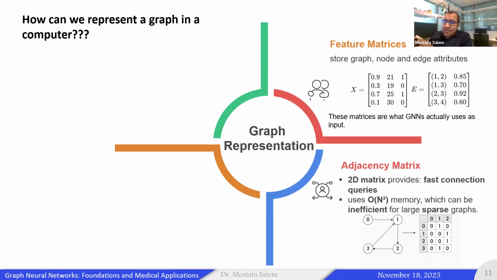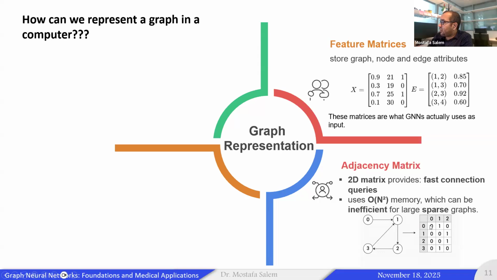Okay. This is about the data, the representation. I want also to encode and to store the connection between nodes. How to store the connection? I will use what's called adjacency matrix. So adjacency matrix is a 2D matrix that will tell you which node is connected to whom. If you have 4 nodes, the matrix will be 4 by 4.